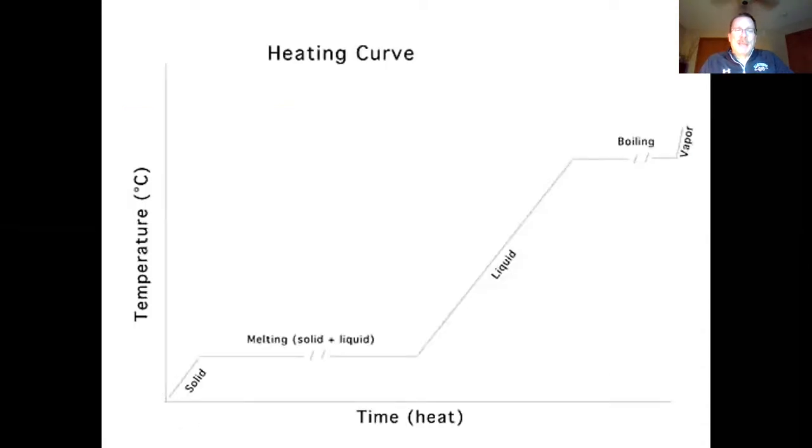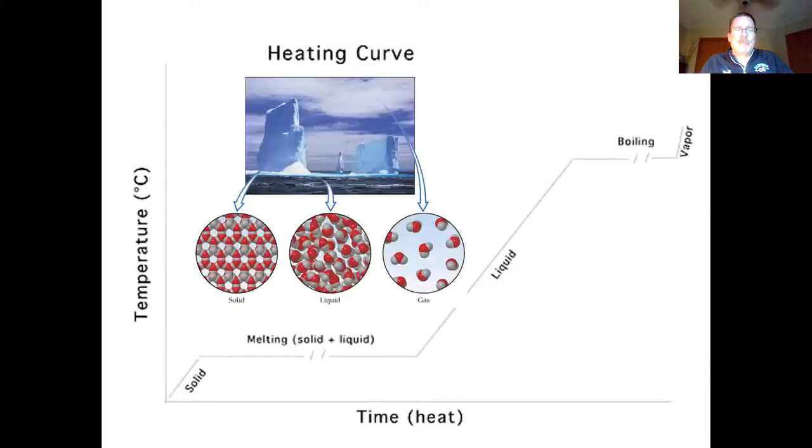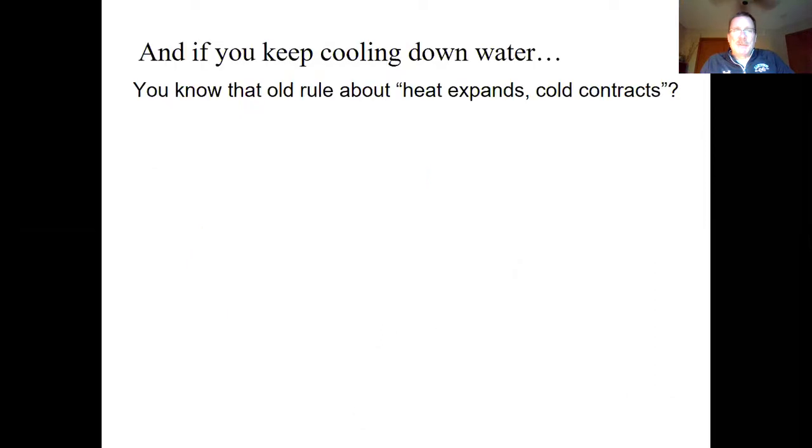Okay. And if you remember a heating curve from chemistry for energy, remember that area of 0 degrees Celsius when you're freezing to 100 degrees Celsius boiling, that's a huge range and a lot of energy that can be absorbed. So there's the big range of solid, liquid, gas.